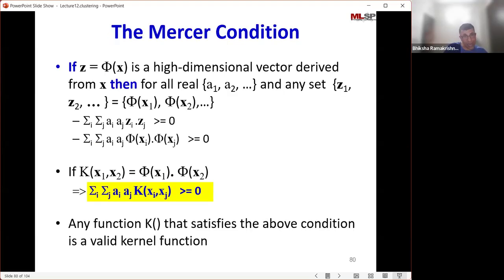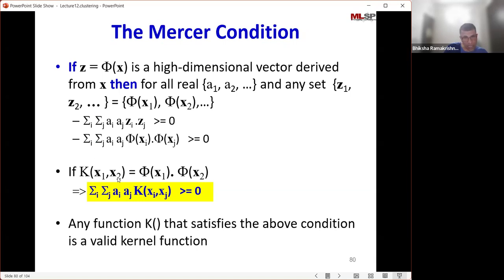So in the higher dimensional space, this must hold. Summation ij, ai, aj, zi dot zj should be non-negative. In other words, summation over ij, ai, aj, phi xi dot phi xj, this inner product must be non-negative. So we get this lovely property.